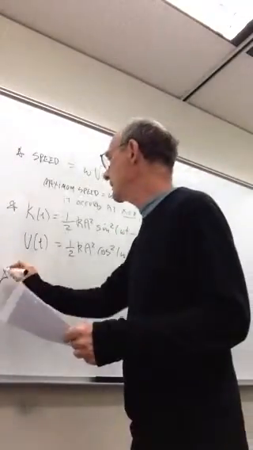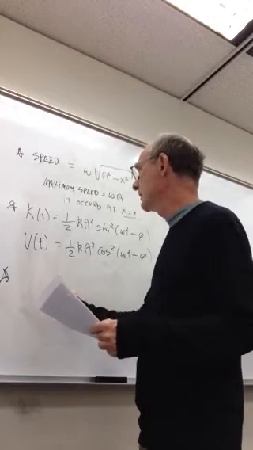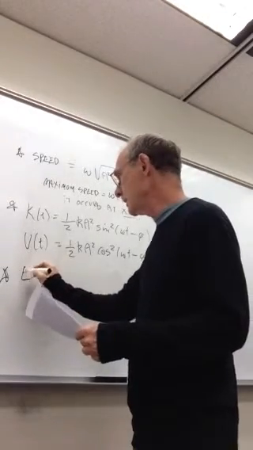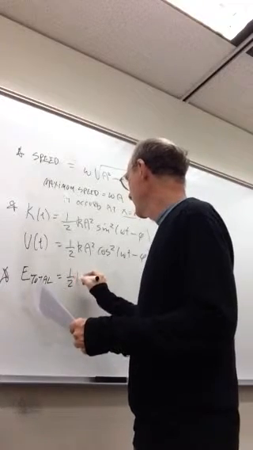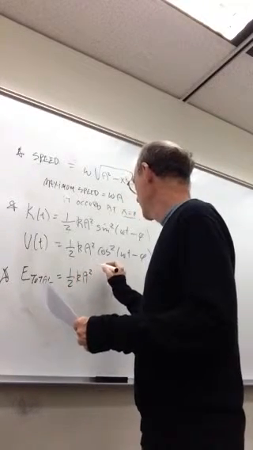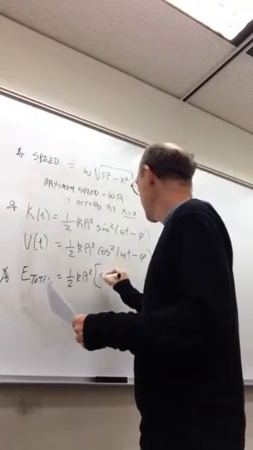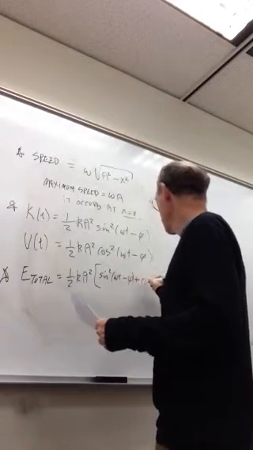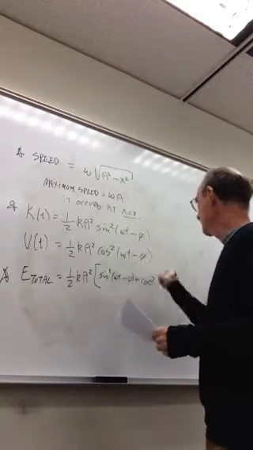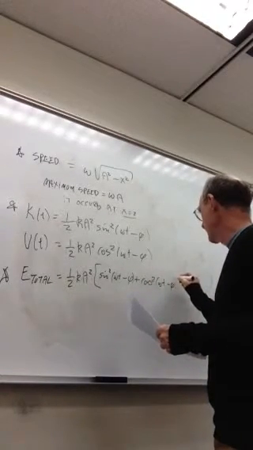But interestingly enough, and this is the most important result, the total energy, E total, is equal to 1/2 k A squared times sine squared of omega t minus phi plus cosine squared of omega t minus phi.